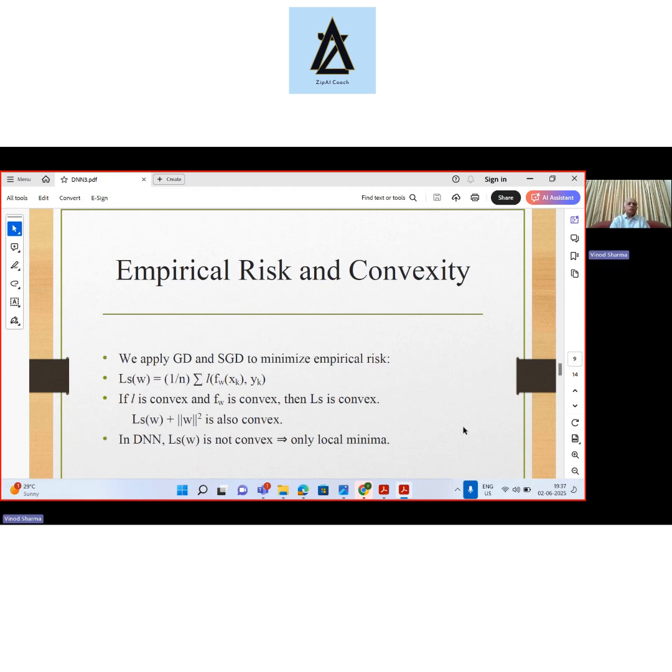Therefore, whenever we use GD or stochastic gradient descent, we can expect only a local minimum, which can in general be utterly bad, as we have seen in the picture. So x1 star and x3 star had function values much higher than the value at f(x2 star), which was the global minimum.